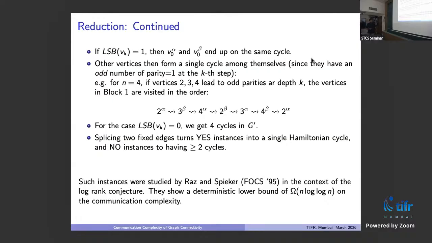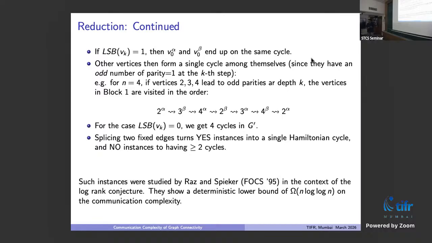Now, a point of note is that effectively Alice and Bob are producing connectivity instances where they each have matchings on this larger vertex set in the reduction, and the union of these matchings is either one Hamiltonian cycle or multiple cycles. These instances were studied by Raz and Spieker in '95, and they show a deterministic lower bound of omega n log n on the communication complexity.